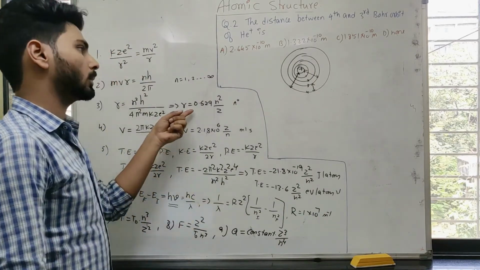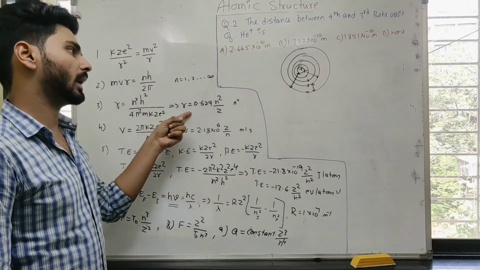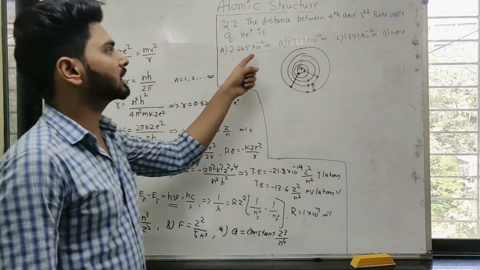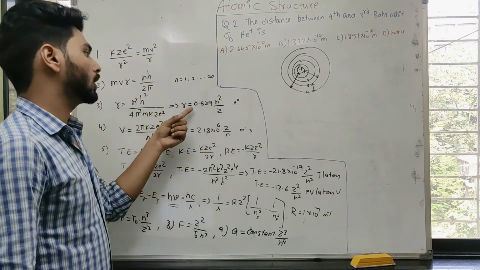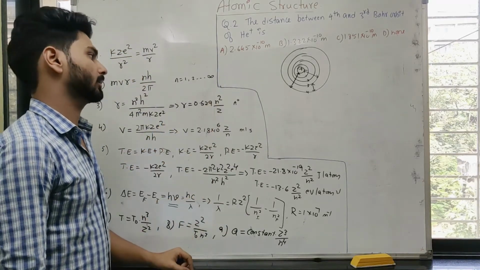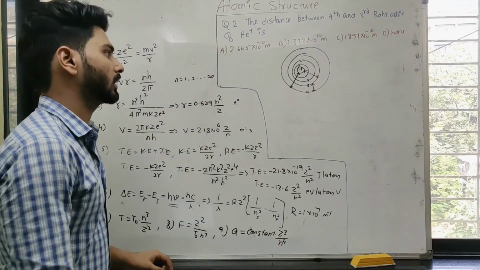So we have the formula for the radius of the 3rd orbit and also for the 4th orbit of helium plus. Here the answers are given in terms of meter, so this formula can be used, but we have to multiply by 10 raised to minus 10 because this is in angstrom unit.